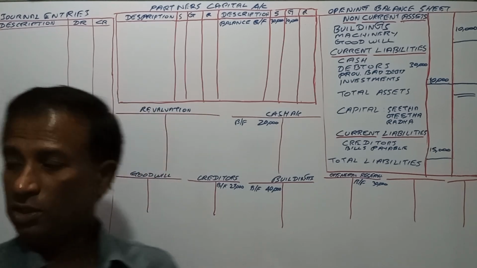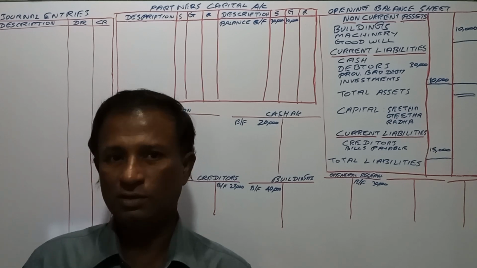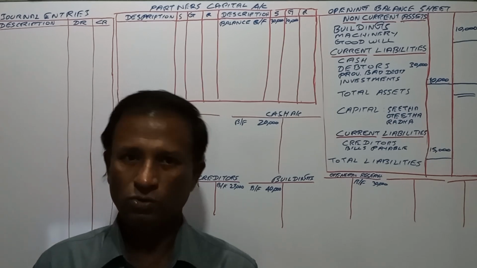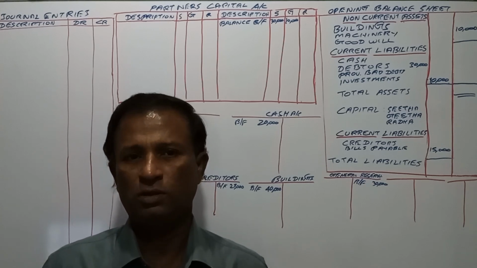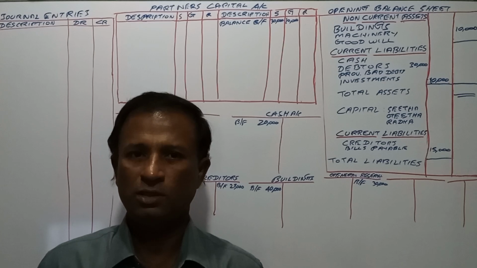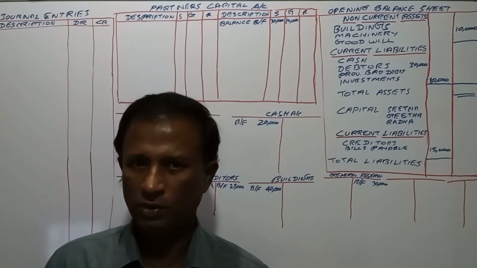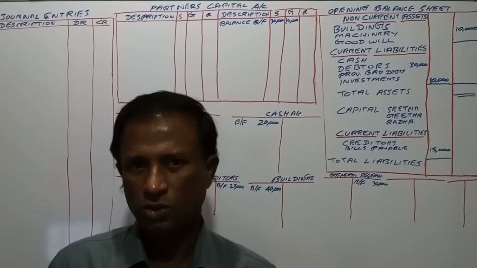So we'll go through the question, and through the question we can learn how the accounting entries are passed for the creation of goodwill. Okay, so let's move into the question.